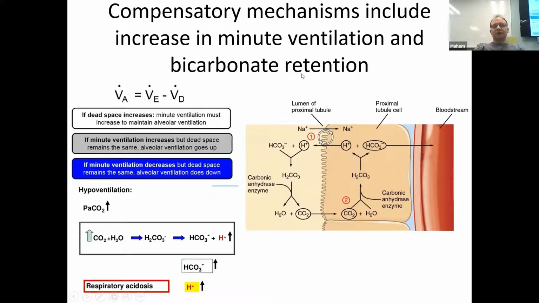The other compensatory mechanism is bicarbonate retention. Patients with restrictive lung disease also tend to retain carbon dioxide because of this hypoventilation. And if they're oxygenating well, the compensatory mechanism at this point is to retain bicarbonate, because remember, I go over this again in every lecture because I like the concept and it's very applicable to ICU medicine.